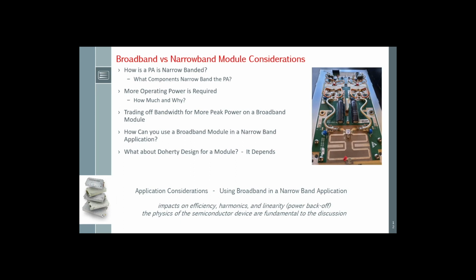If it's pre-matched, it will have a limitation on the higher end of the band, because what the device manufacturers do is slightly increase the impedance on the gate of the device.